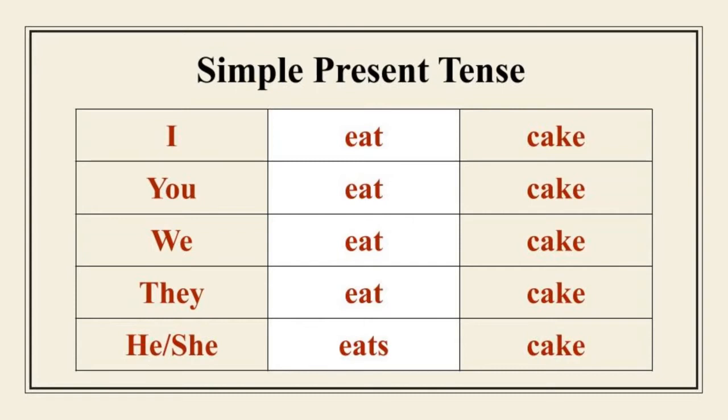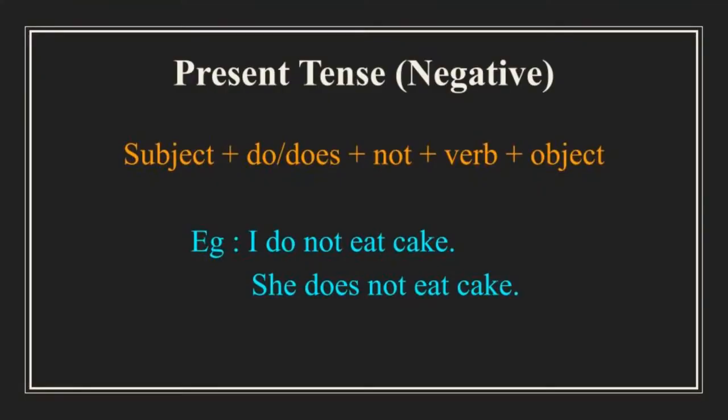Okay, don't forget. Now we are going to see how to form negative sentences. Before, we have seen how to form normal statements. Look here, another rule is here for negative sentences. Subject plus do or does plus not plus verb plus object.